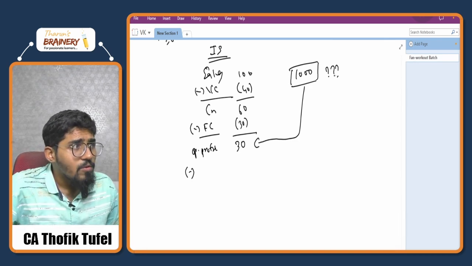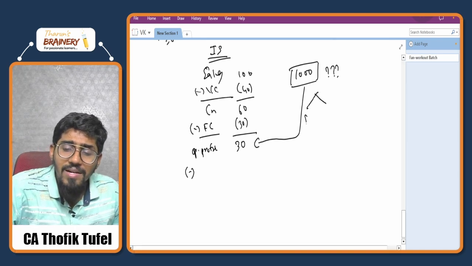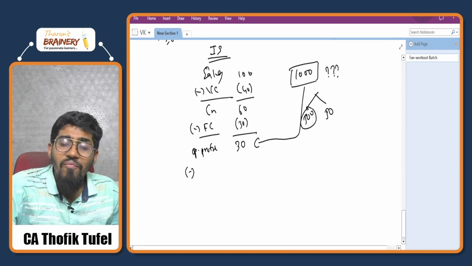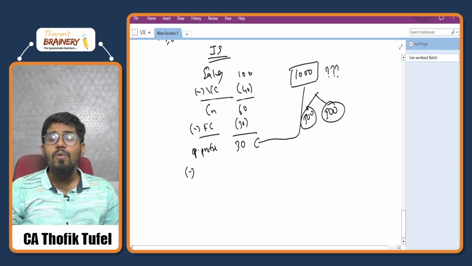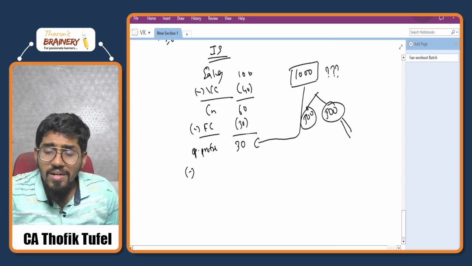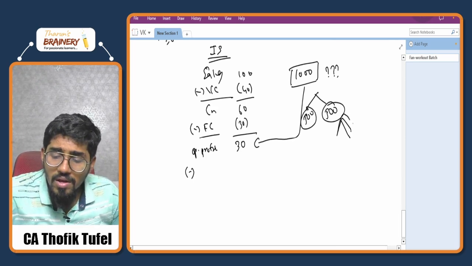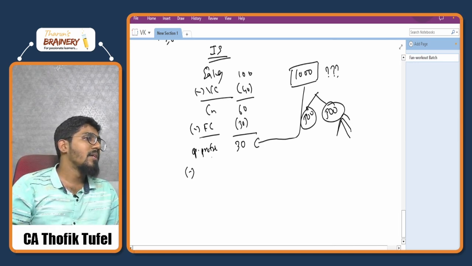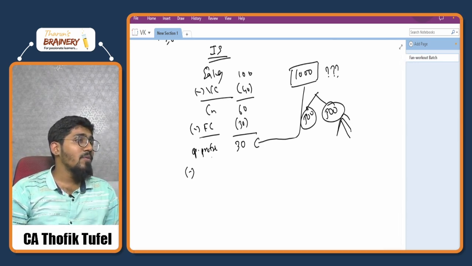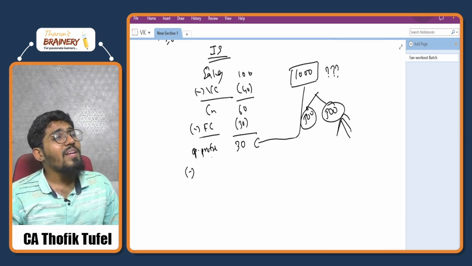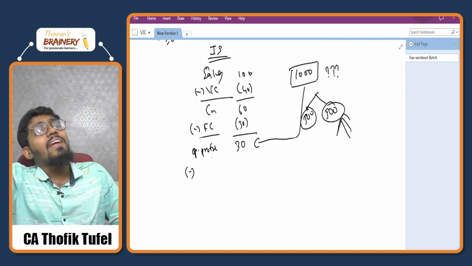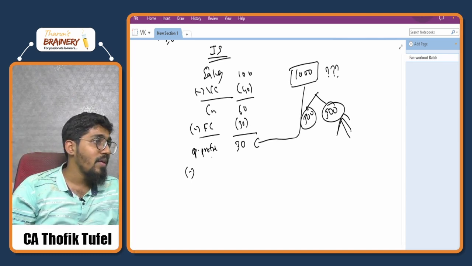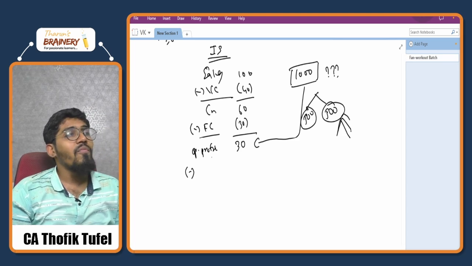If of this 1,000 rupees you invested only 500 rupees and 500 rupees you took as loan, then for this 500 rupees, whatever is the cost, you have to pay from this profit, correct? Understanding? So this 30 rupees is not entirely your money. You cannot pocket it because you have taken a loan of 500 rupees.